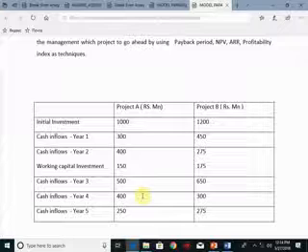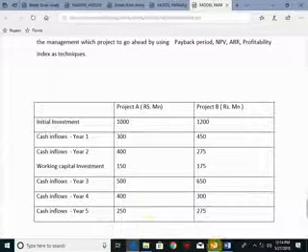Okay, NPV. Next one, profitability index.